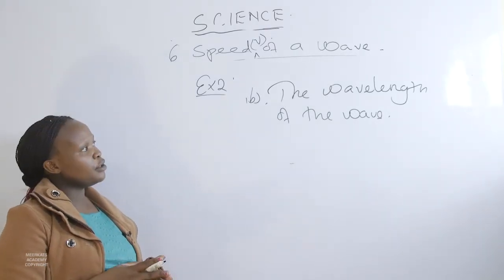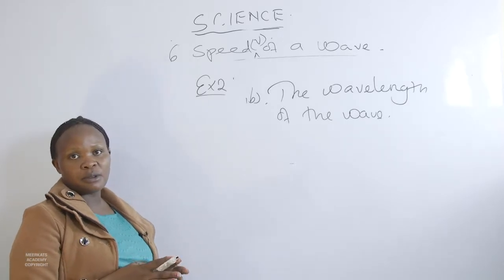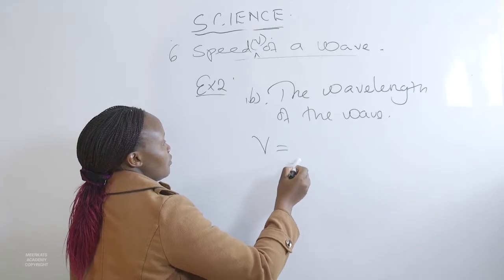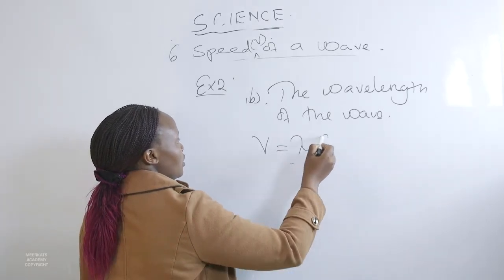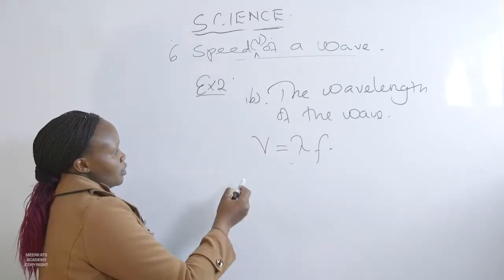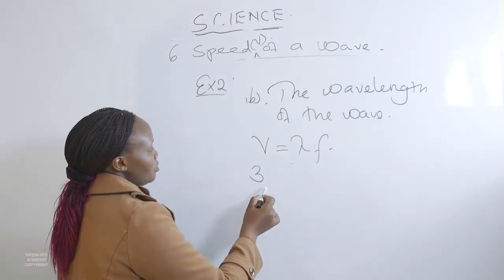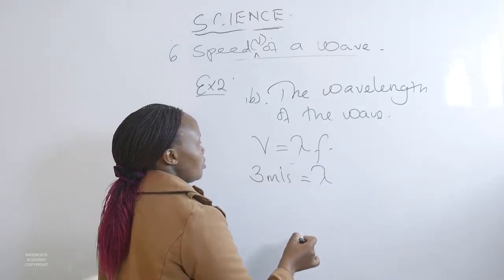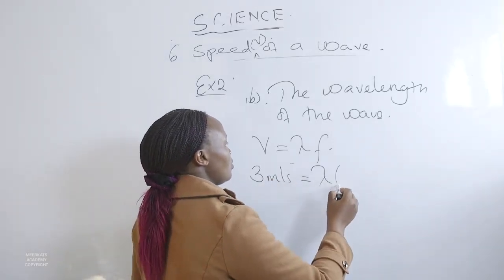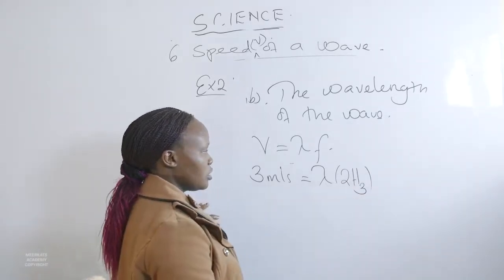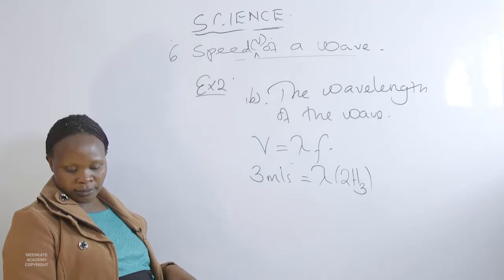And again, we go back to our relationship where V is given by wavelength multiplied by frequency, and we have found our speed to be 3 meters per second. This is going to be wavelength multiplied by our frequency, which is 2 hertz.